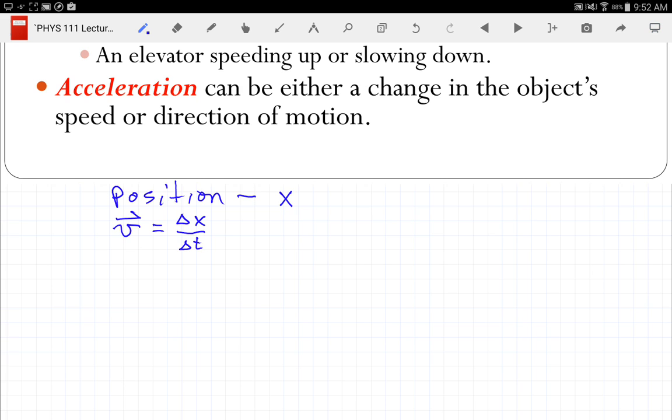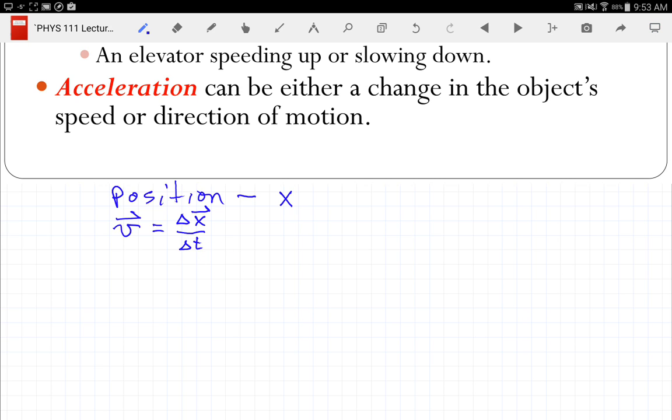Now, if I write it like this, it's mathematically wrong. Because the left side is a vector, the right side's not. How do I fix that? Actually, I just put the arrow over the x. Now both sides are vectors, it's fixed. Now, you can never have a vector in a denominator.